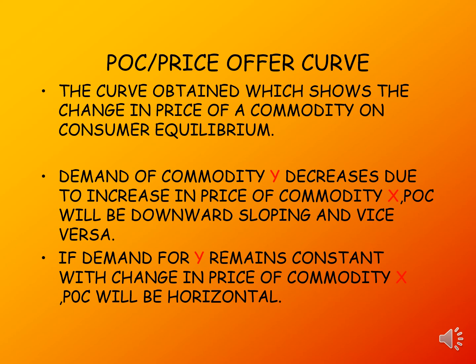So if demand of commodity Y decreases due to increase in price of commodity X, then POC will be downward sloping, and if the demand of commodity Y increases due to decrease in price of commodity X, then POC will be upward sloping. And if demand for Y remains constant with change in price of commodity X, then POC will be a horizontal line.